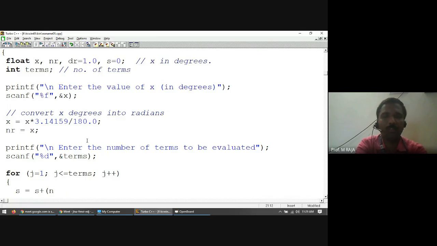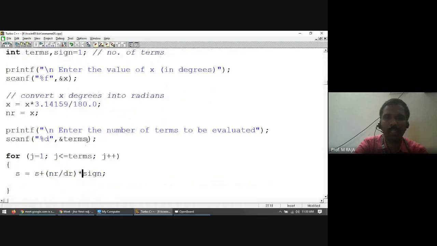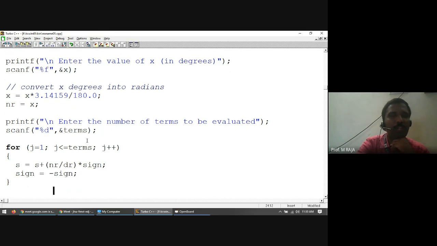So s plus numerator by denominator star sign, and I initialize sign as a positive quantity. So sign has been set to 1 initially. Then sign is equal to minus sign. We need to ensure the next term is properly obtained.